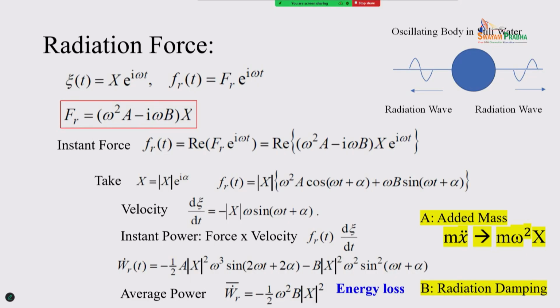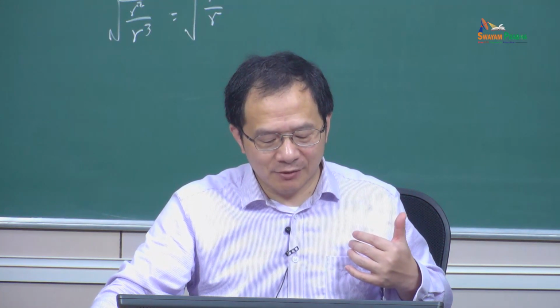Another term is the mass term, and A is the added mass. We already learned the added mass concept just now. In one cycle, the mass stores energy and returns it back, which is why over one cycle you don't have any energy loss from it. You have physical mass, and in the time domain you have m ω squared x.